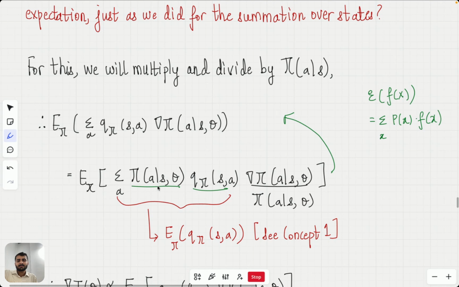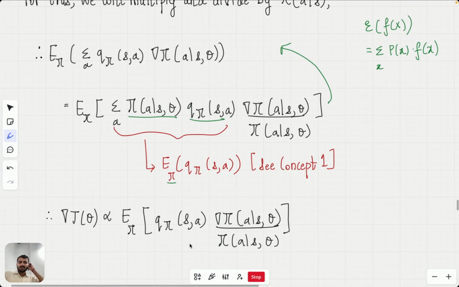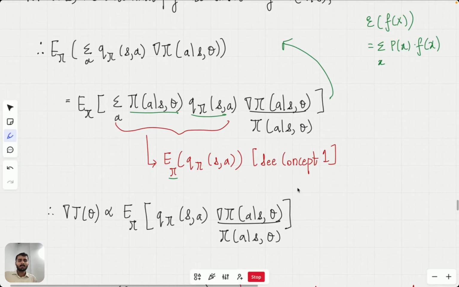So if you multiply the probability of an event by some function which depends on the parameters of that event, then you get the expected value of that function itself. So this entire summation sign can be replaced as expected value of q pi of s comma a for that given policy pi, and then you can rewrite the above expression as: expected value for the policy pi into q pi of s comma a multiplied by gradient of the policy divided by the policy itself.